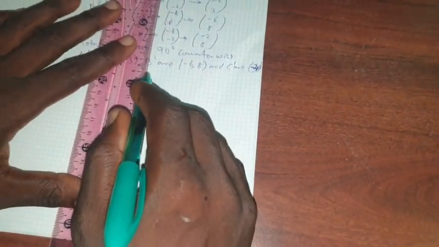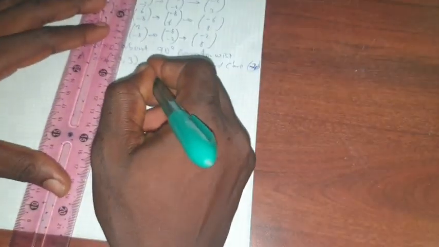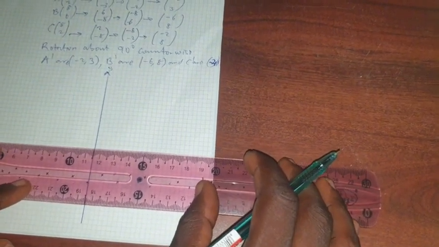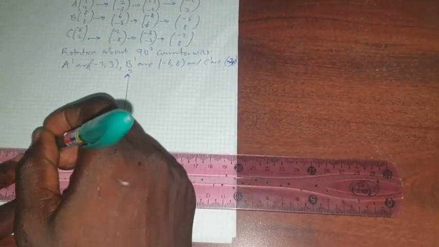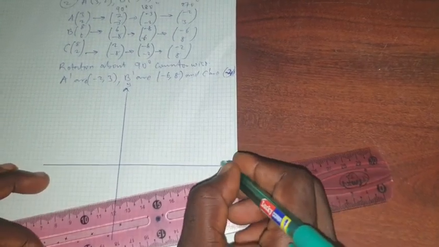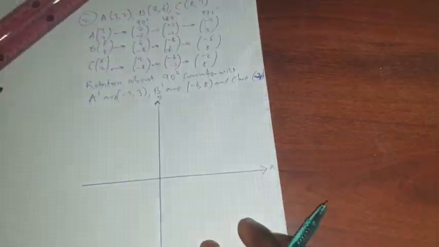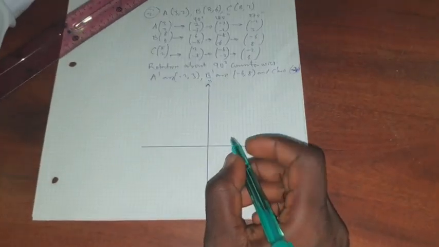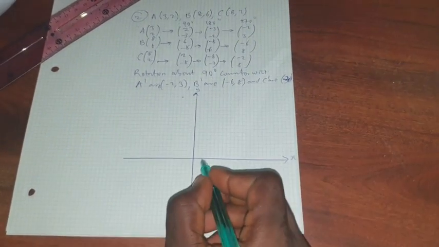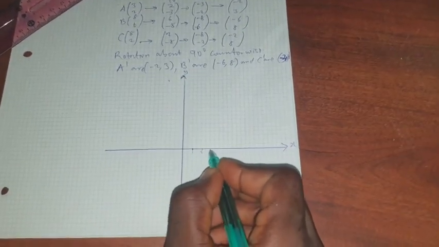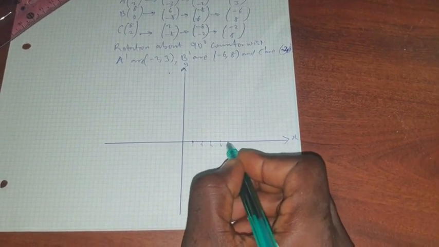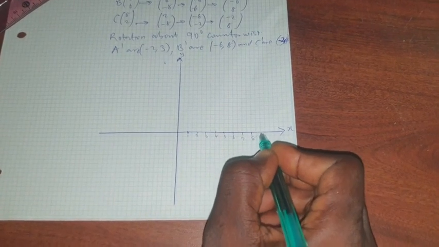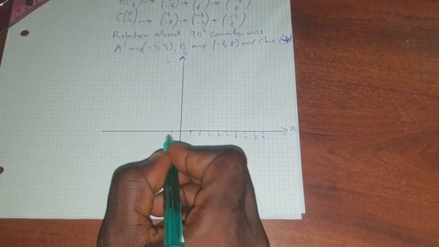This is the y-axis, and here is the x-axis. Let's use two boxes to represent 1 unit on both axes. So 1, 2, 3, 4, 5, 6, 7, 8, 9.